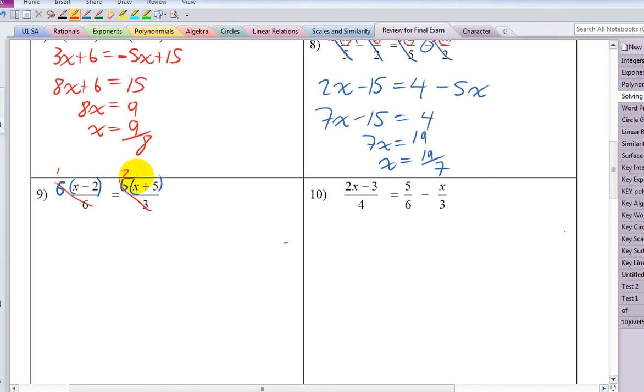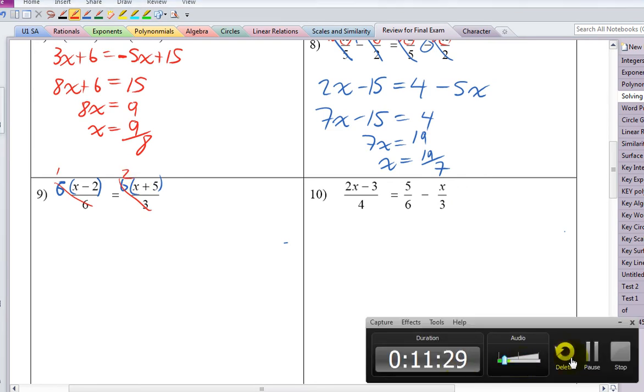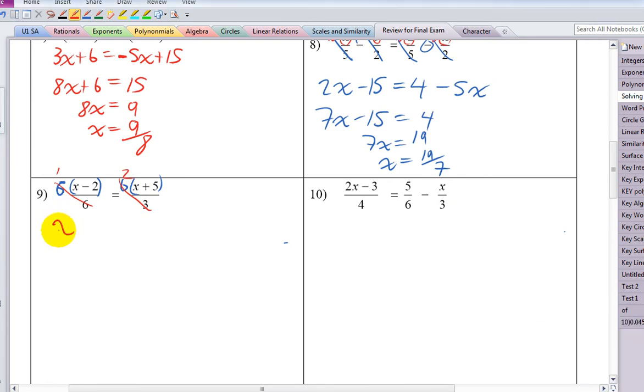Okay, you go ahead and do the work. X equals negative 7. Hands up, you got that?